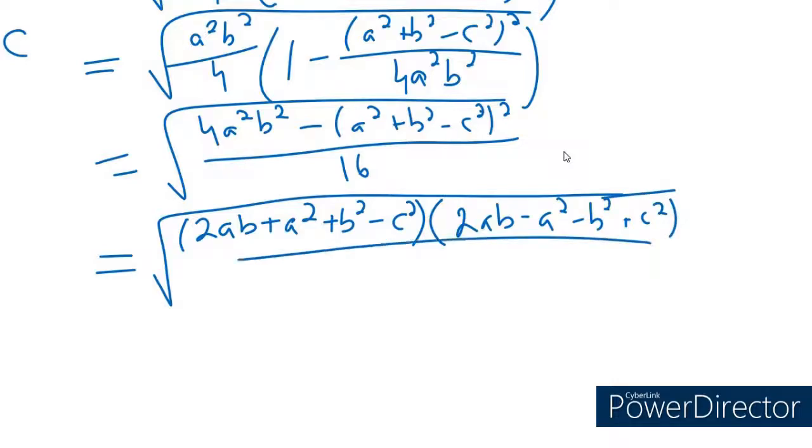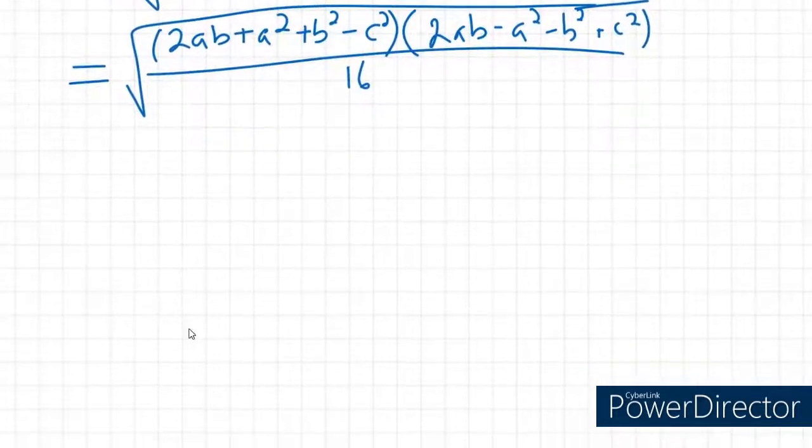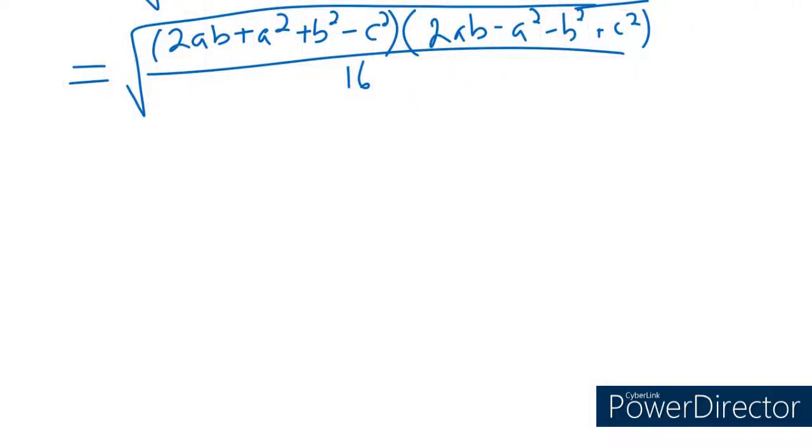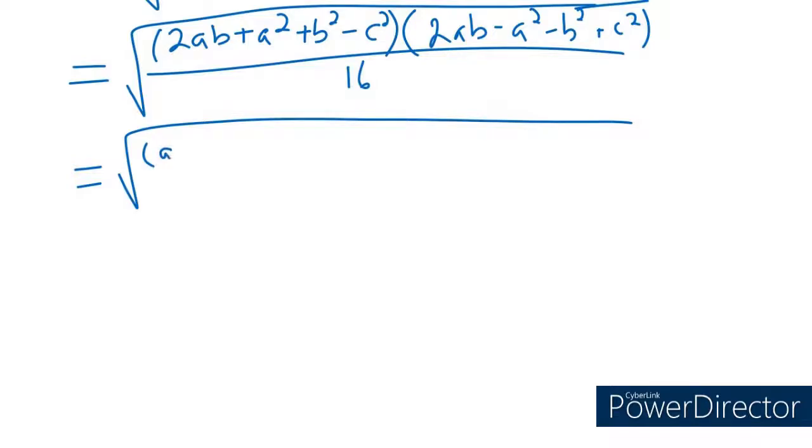So let's use all of this room to fully factor this out in order to get the final result. Here we will now see that a squared plus 2ab plus b squared is just equal to a plus b squared, right? So we have a plus b squared minus c squared inside this parentheses, and here we can use the same logic.